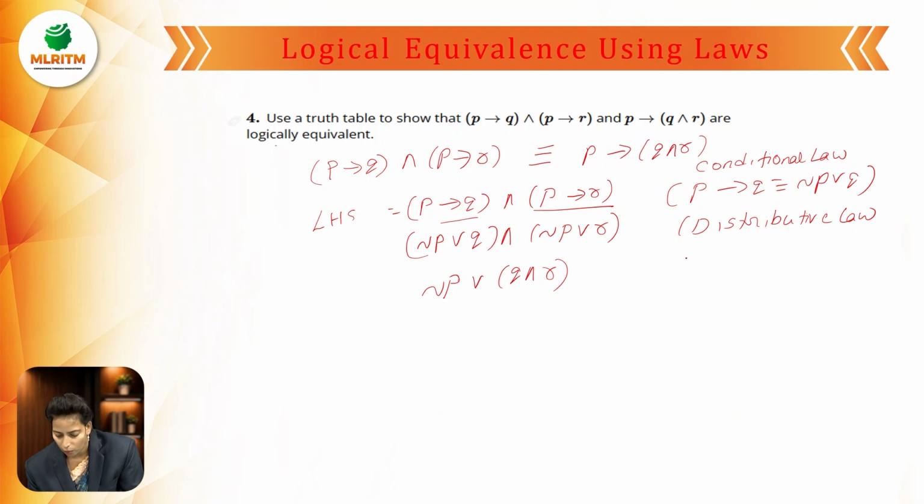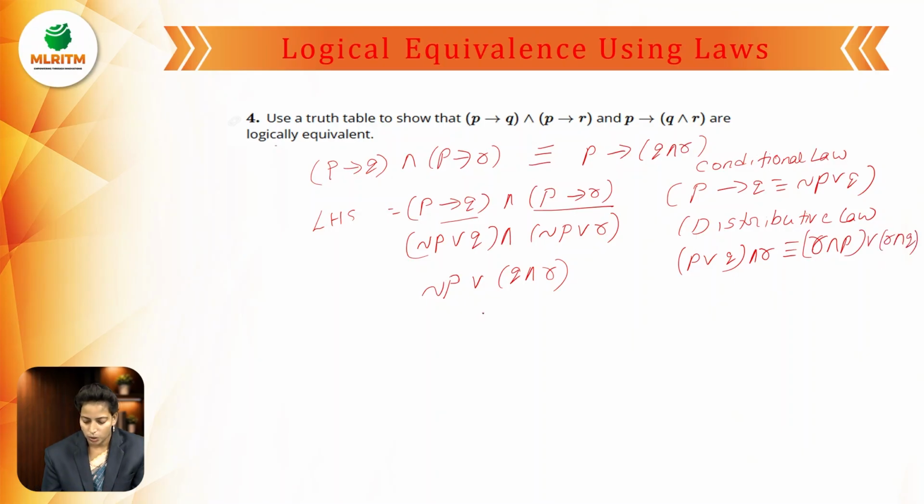What is meant by the distributive law? P or (Q and R) is equivalent to (P or Q) and (P or R). So we get negation P or (Q and R).